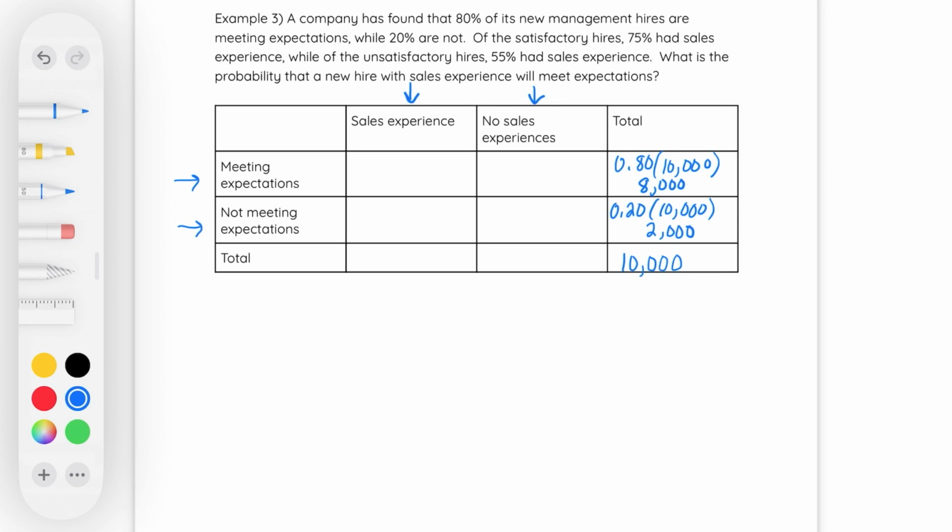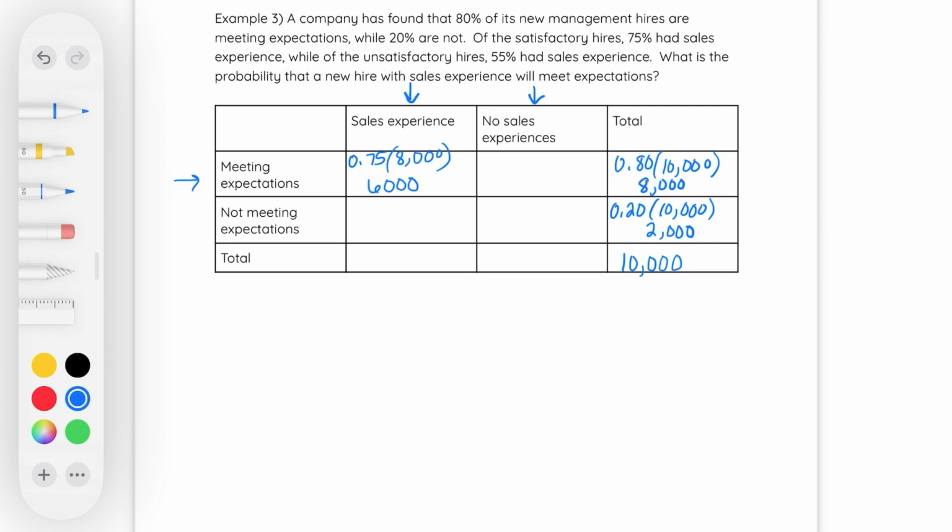So of those who are meeting expectations, 75% of them had sales experience. So 75% of those who met the expectations have sales experience. This, in fact, then would be 6,000.